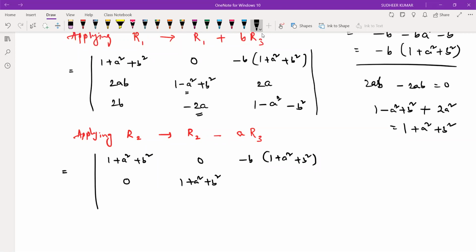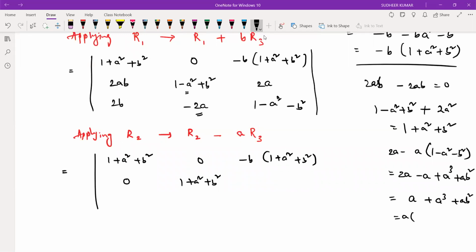And the next one is 2A minus of A times of 1 minus A square minus B square. So this is 2A minus A, minus of minus, plus A cube plus AB square. 2A minus A is A, plus A cube plus AB square.